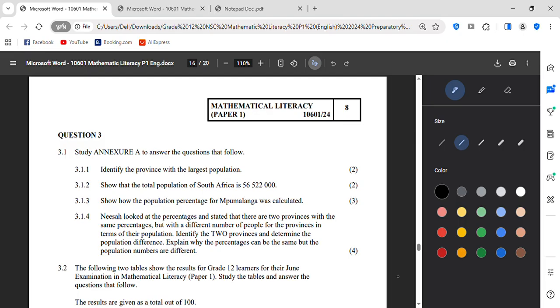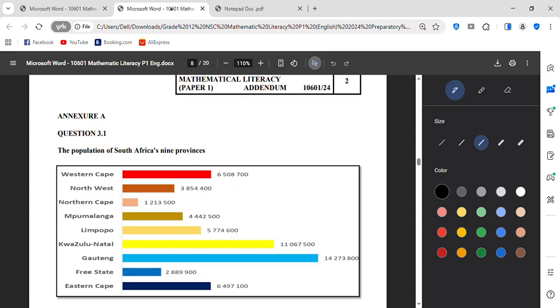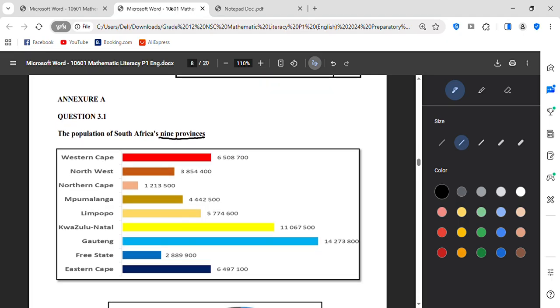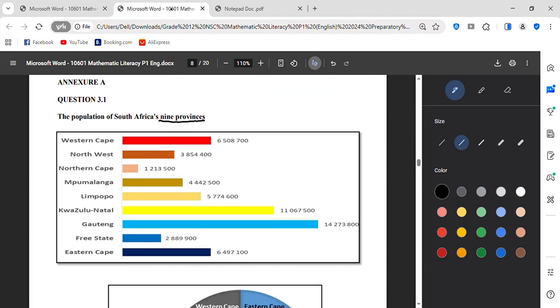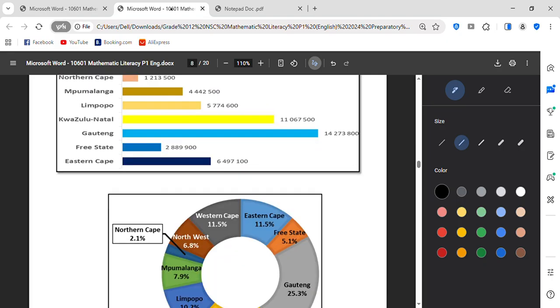It says study annexure A to answer the questions that follow. Annexure A shows the population of South Africa's 9 provinces. We have the Western Cape, Northwest, and these are the figures, up to Eastern Cape.